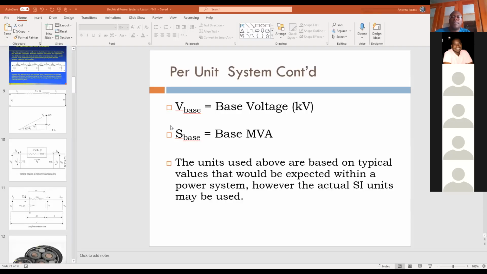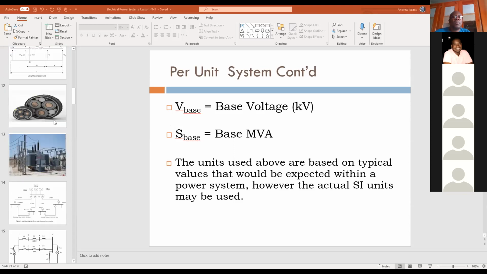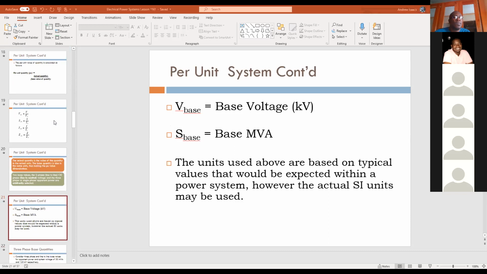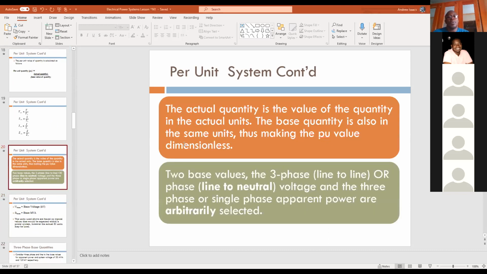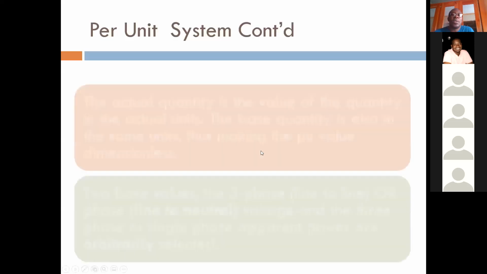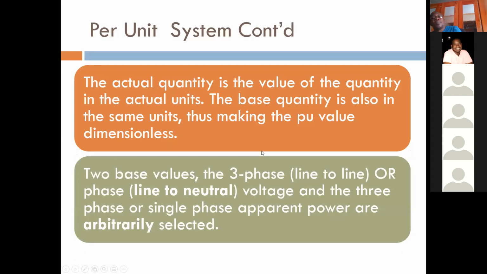All right. So having gone through that little revision, we can now get started with today's lesson. Let me just back up a bit. Some of this we looked at last time. We talked about the base MVA, the base volts.